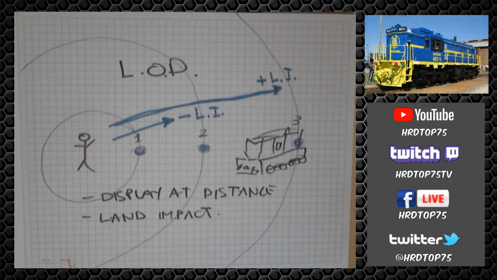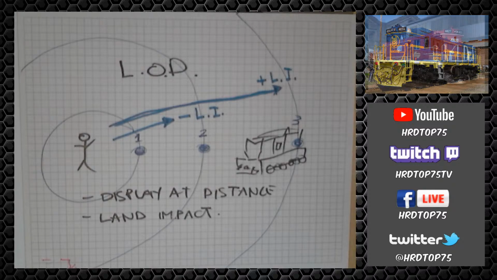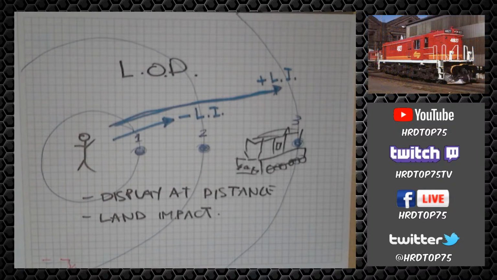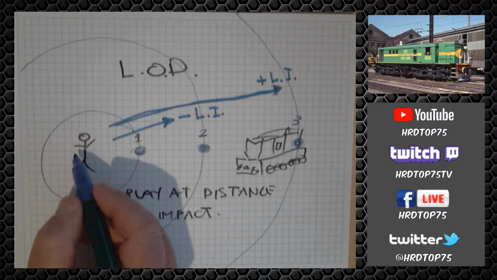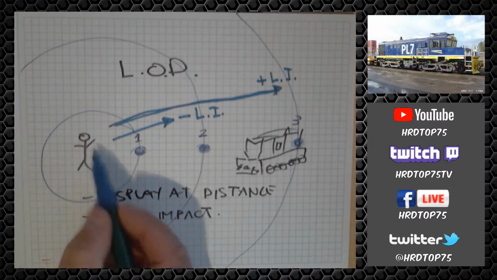However, I want my build to be seen at least at the start of the sim. I want to make sure that if somebody's on the other end of the sim, I want them to see my train coming from the other end. That's usually when you get the most amount of people looking at it. So let's say this is old matey here.